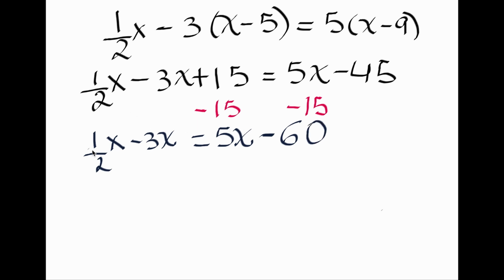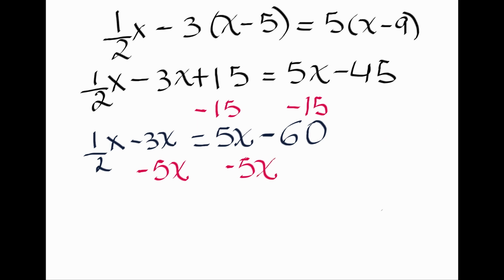Okay, now, since we have 2 x's already on this side, let's bring the 5x over to this side. So we're gonna have 5x is positive here, so we need to subtract 5x on both sides.